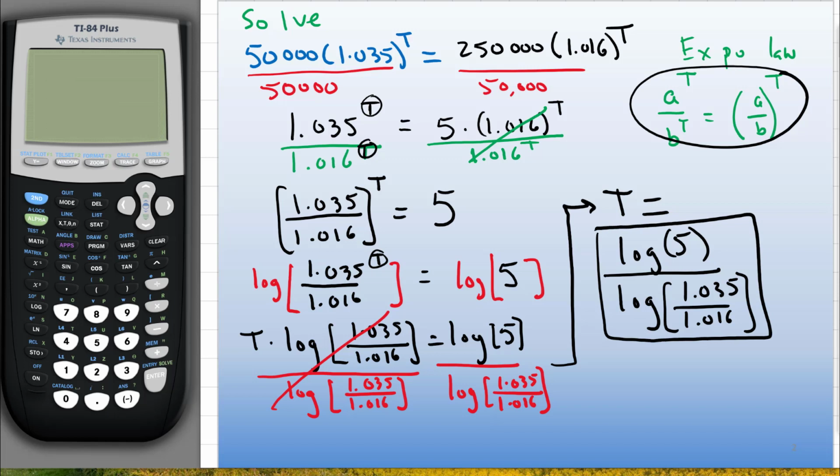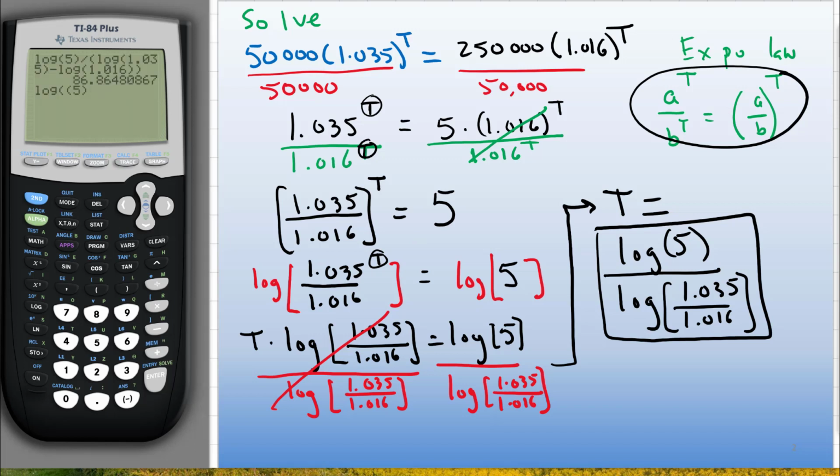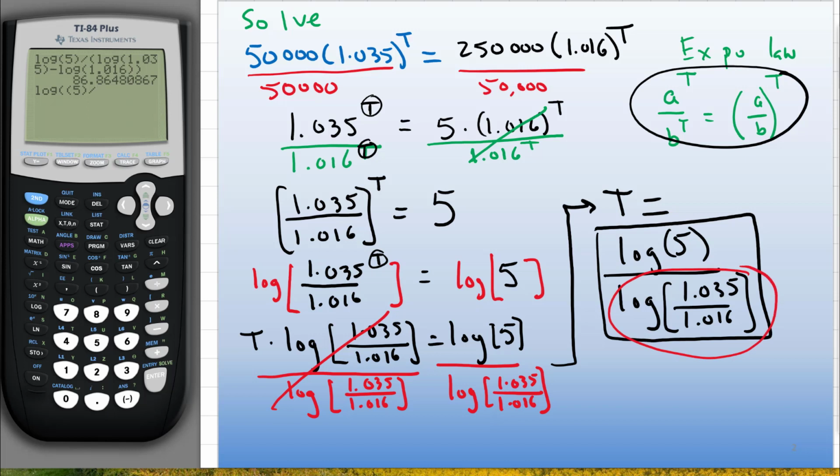Now let's check that in the calculator and see if we get the same result. Alright, so I put the log of 5 in there. Now I'm going to divide. Now what's a little different this time is I'm dividing by only a single log. I just need this one log in the denominator.